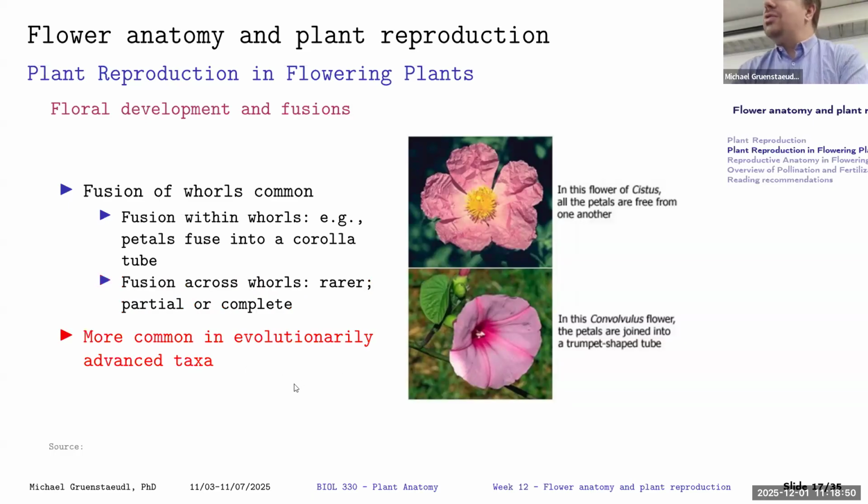In flowering plant evolutionary history, fusion is an indication of more derived species. So whenever you look at plants that have strong fusions in their flowers, you're typically not looking at the most basal flowering plants, but the more derived ones. It's a pretty good general rule.